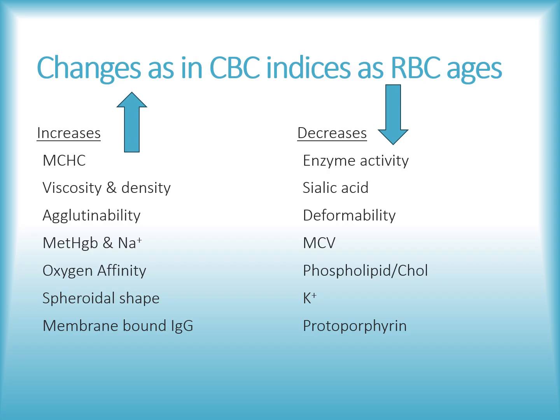With the loss of spectrin, which is, remember, the protein that helps maintain the normal shape of the red cells, we may see a more spheroidal shape, so a spherocyte shape, which is going to be problematic when we are trying to go through circulation. It may be more susceptible to rupture and demise. And last but not least, we might see some membrane-bound IgG.